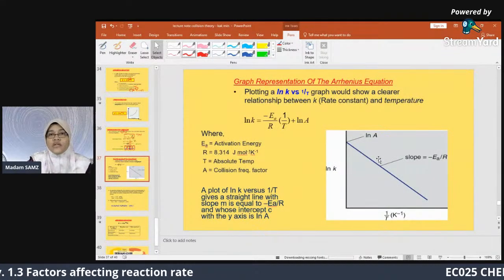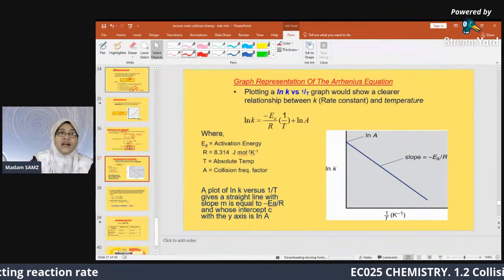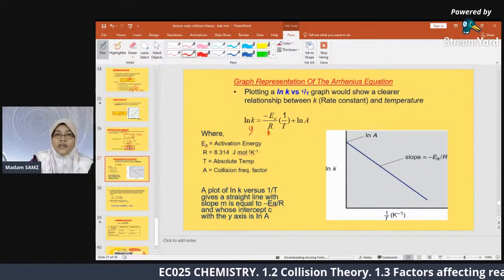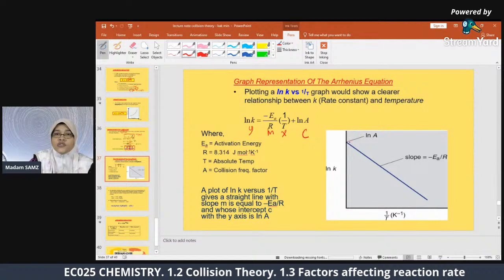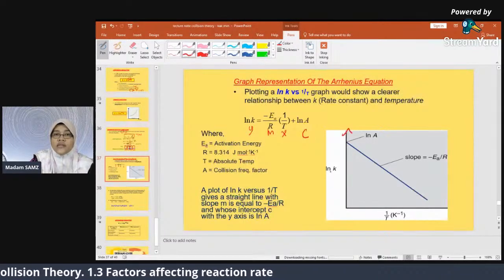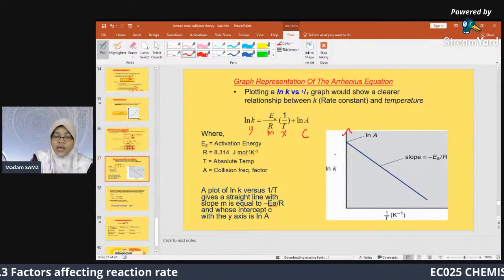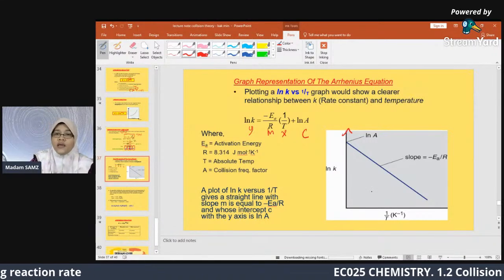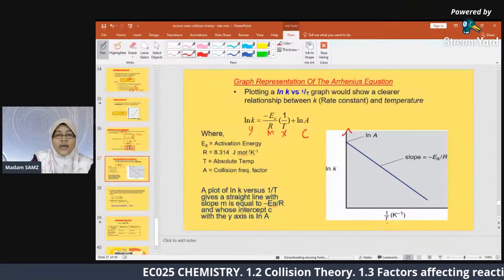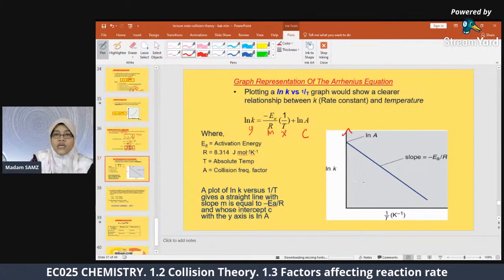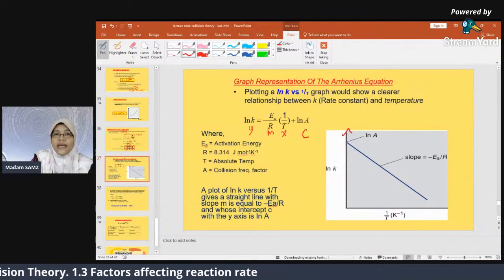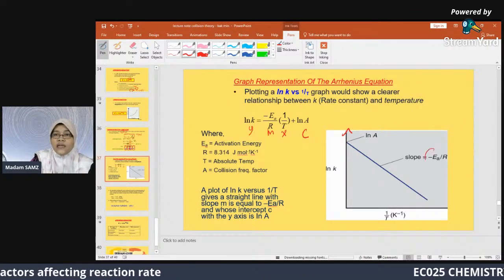Alright, graph representation of Arrhenius equation. This graph, contoh this graph ni, ini y, ini m, x plus c. So sini akan jadi pintasan ln A, ini akan jadi ln k. Okay, remember ln k, kalau data dia bagi k semua ln kan. Ini adalah temperature Kelvin, so you semua 1 over Kelvin berapa sebab kita nak 1 over T. So you akan dapat satu graf garis lurus berkecerunan negatif sebab kecerunan ini negatif.